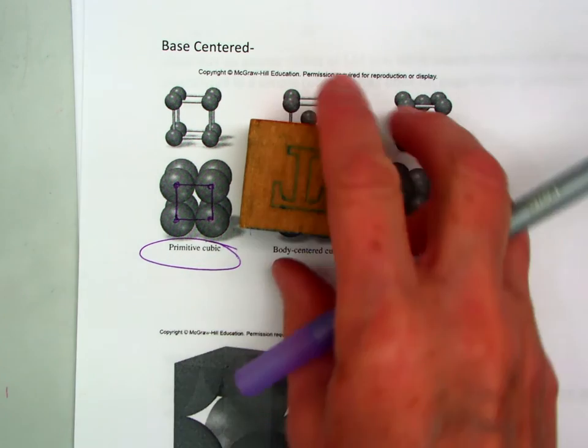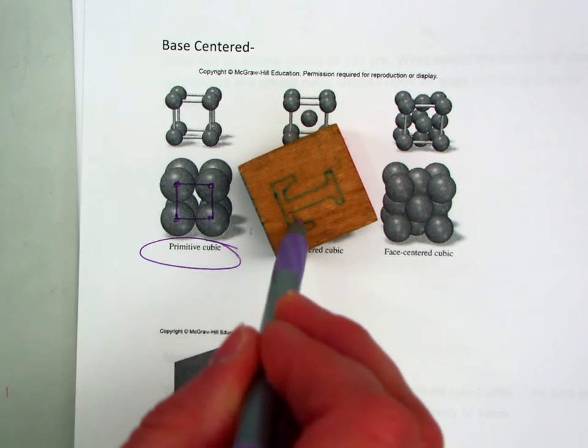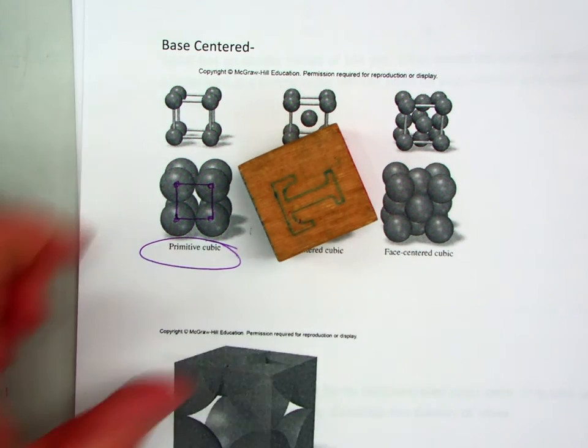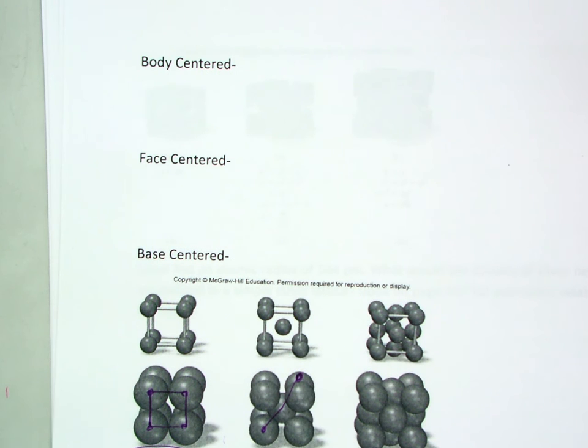Okay, if we go from one of these corners down here to up here, across that, all those atoms are touching. So if I have a body-centered cell, and there is an atom inside this cell, how much of that atom is owned by my body-centered cell? If it's sitting right in the middle of this cube, the whole thing, right?